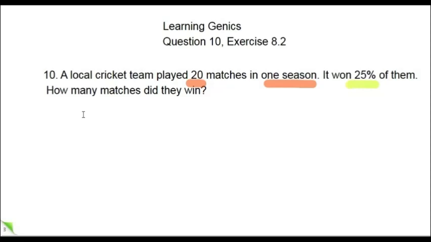Now, it's a statement question, so I'm going to write the statements below. Total matches it played: as you can see above, it is 20. Now we write the percentage of matches it won.